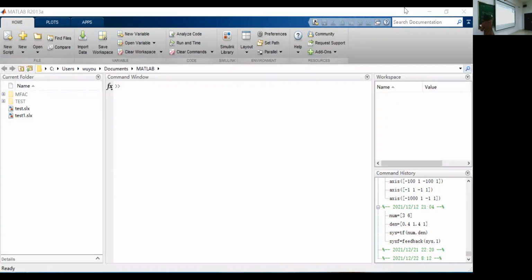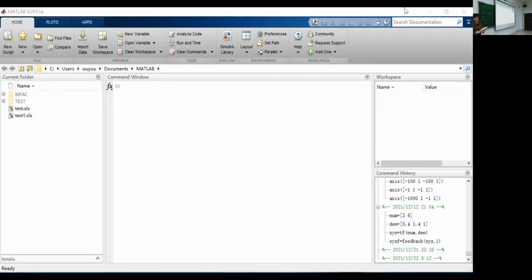Yes, because there is no S here. So the coefficient for S to the first order is 0. So you should write 0 here and 1 for the constant. So this is the way we name the numerator and the denominator matrix in MATLAB.